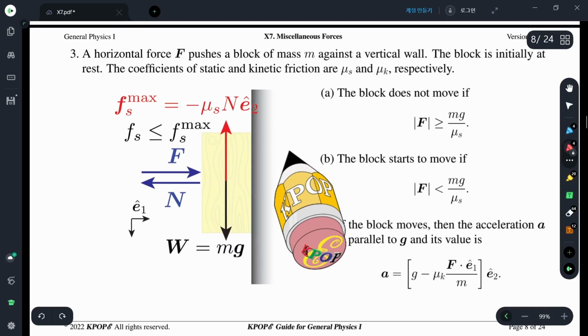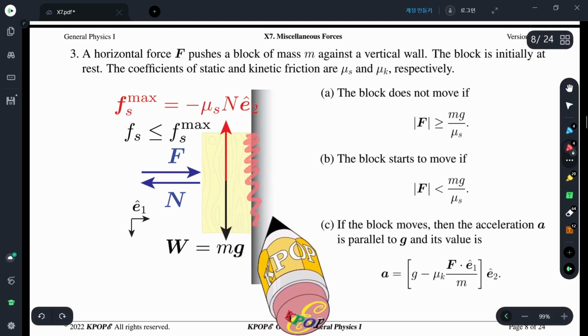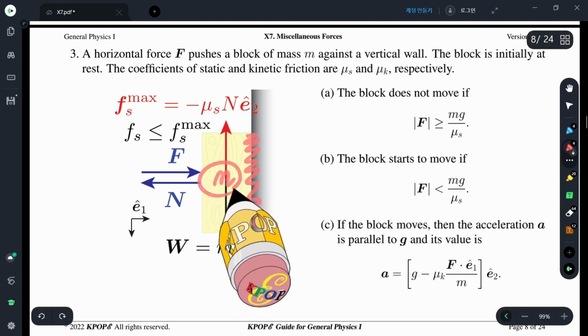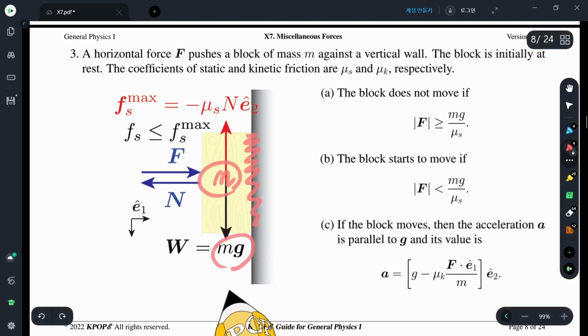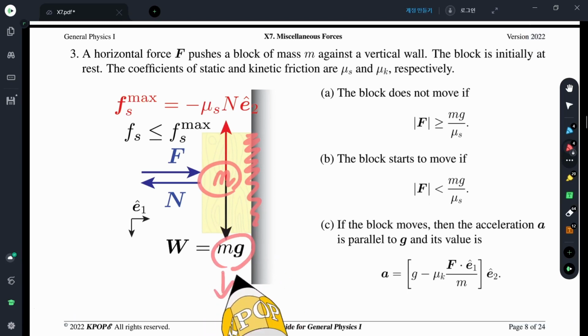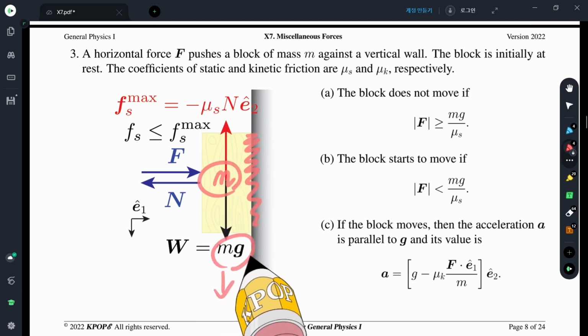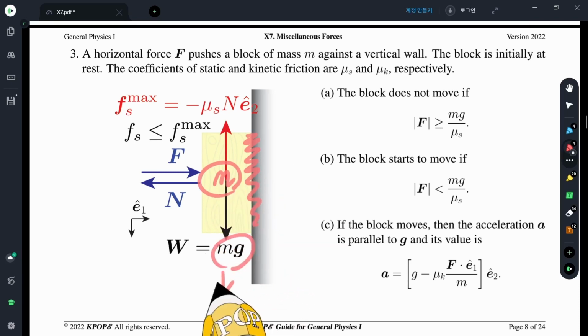We make a rotation of about 90 degrees, and there is some friction. The object has a small mass m, so it has the gravitational force mg toward the ground. Because the gravitational force is parallel to the surface, it has no contribution at all to the pressing down.